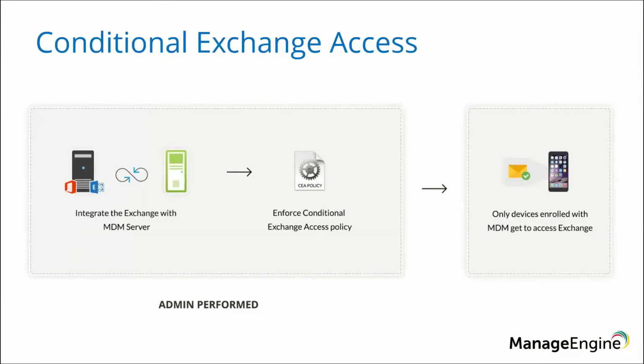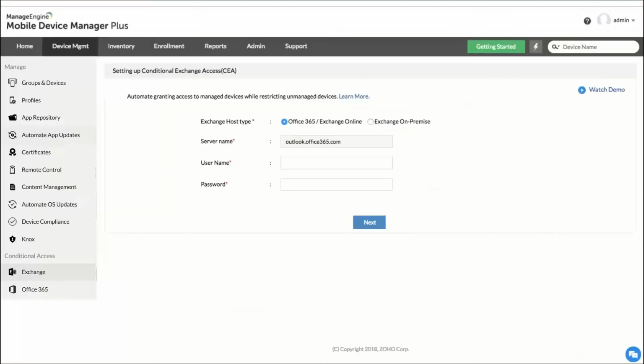The workflow is that you integrate your MDM instance with the Exchange server and then configure policies that make sure only registered devices can access the corporate email account you configure. If any user tries to sign into your corporate email account without the MDM profile, they will be kicked out. That's how you can enforce a policy.